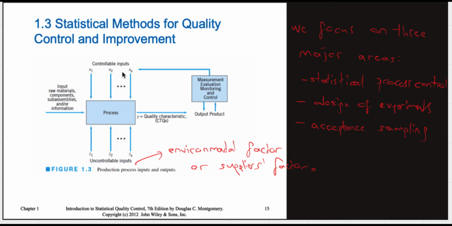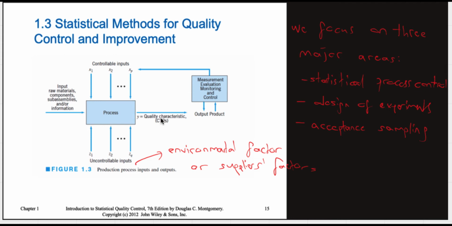Controllable inputs mean we can control these inputs and influence the process. But with uncontrollable inputs, we don't have any control over them, but they can also influence the process. In the output of the process, we have a final product.